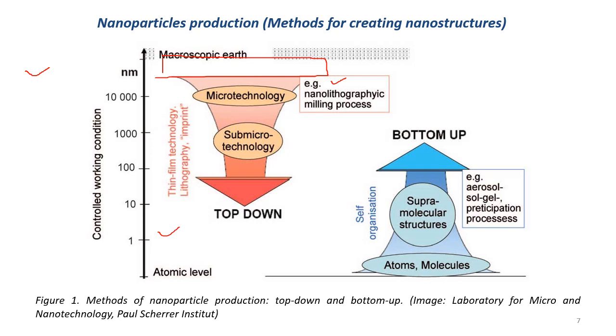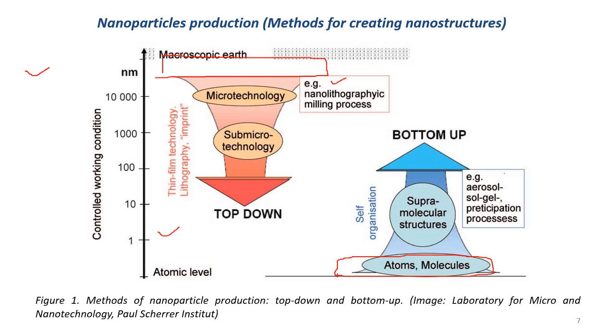Another approach used in nanomaterial production is the bottom-up. As we see at the bottom level, we are working on the atomic level. From the atomic level, the nanoparticles are built and organized in such a manner that they approach nano levels.